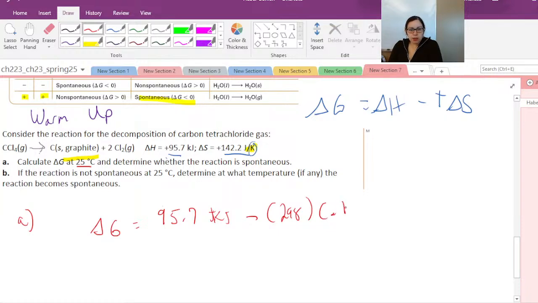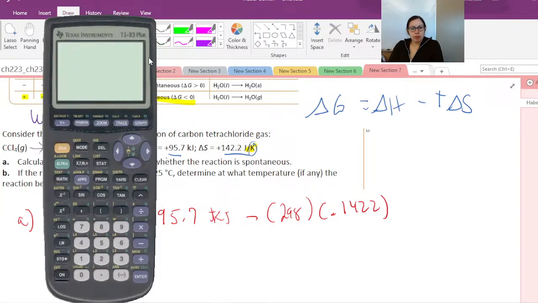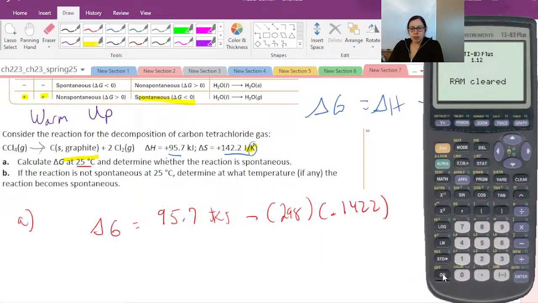And then again, don't forget to convert. So let's see what we get. And so I got that value.